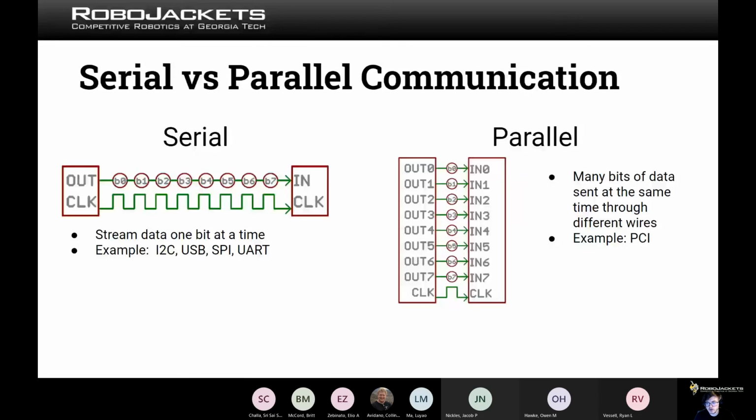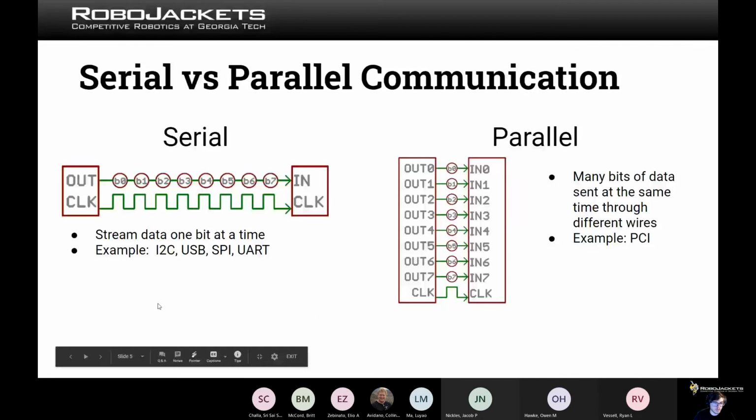A lot of the ones we'll be talking about today are serial based, but parallel is pretty common on your PC motherboards and often moves a lot more data. Serial is one stream of information coming from one source into one input with a clock, stacked in a row and sent from one pin to the other pin, while parallel runs multiple streams at the same time with a similar clock functionality.